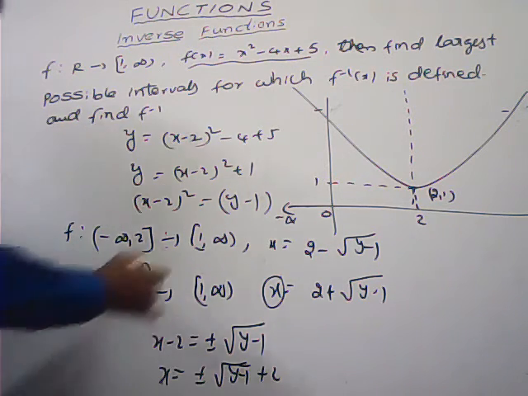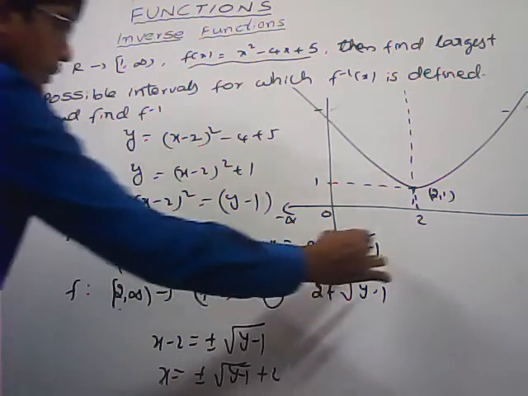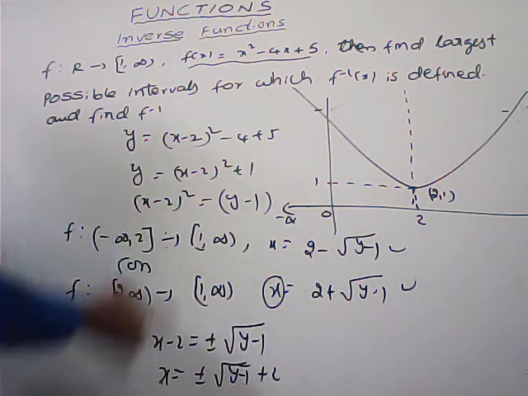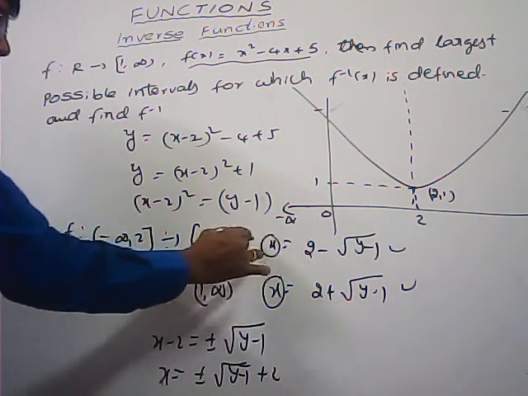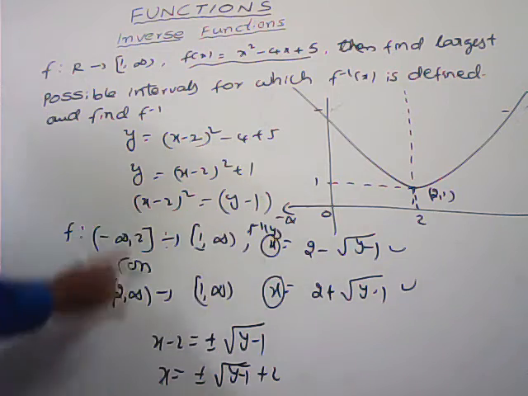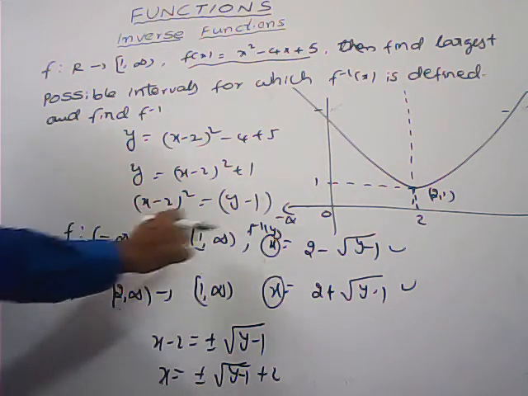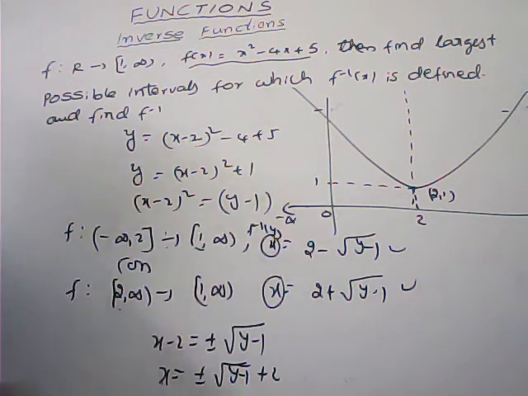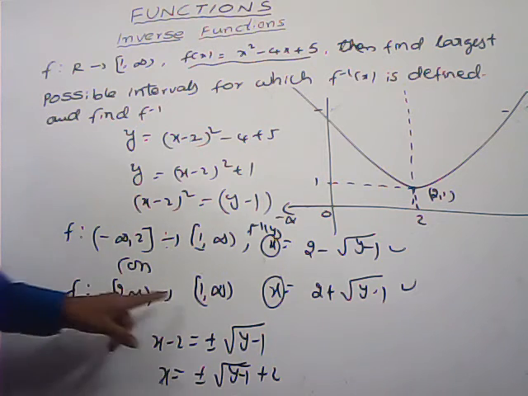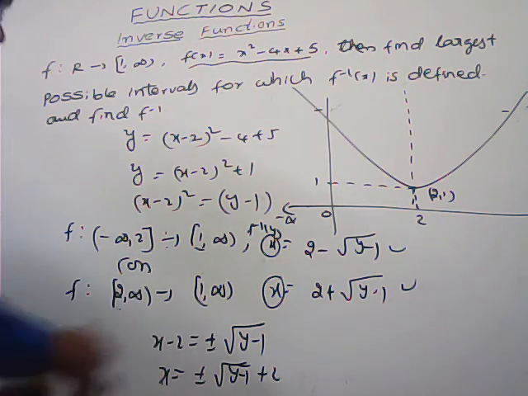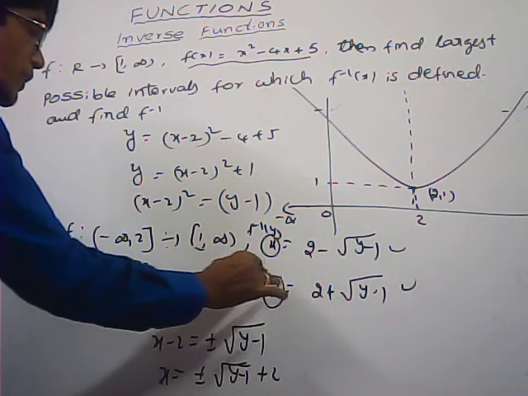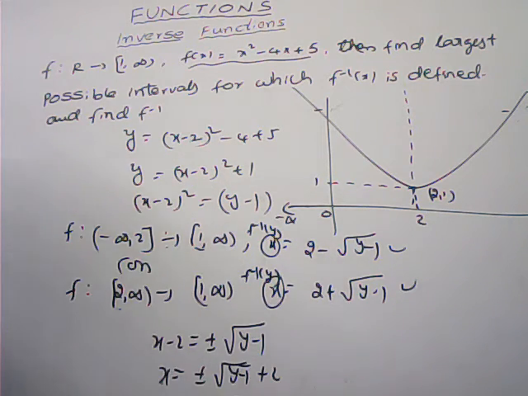So depending upon the interval, we can write the inverse of the function. In this interval, f is bijective and f inverse of y is equal to 2 minus root of y minus 1. And in this interval, the given function f is bijective and f inverse of y is equal to 2 plus root of y minus 1.